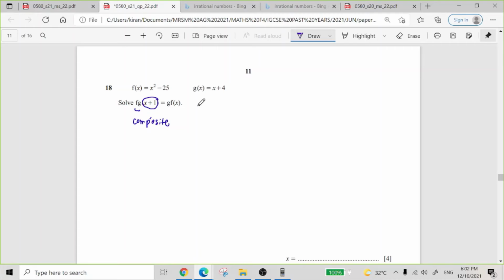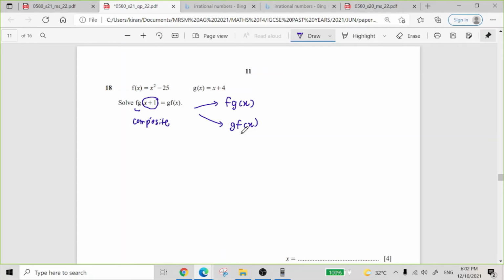As you can see there are 4 marks here, which means you can find the function fg(x) and also the function gf(x). These two functions are different.